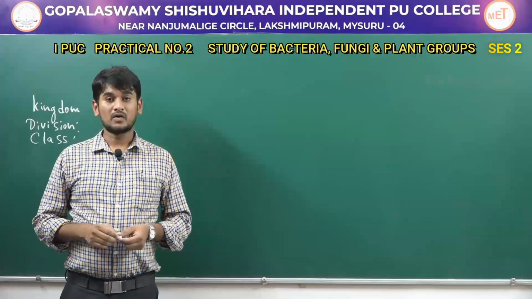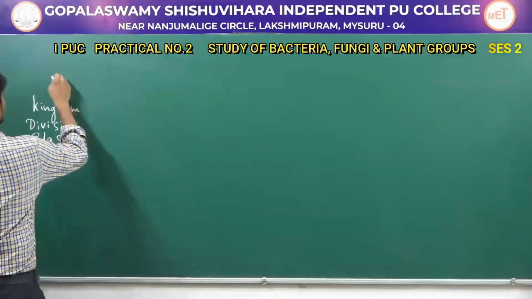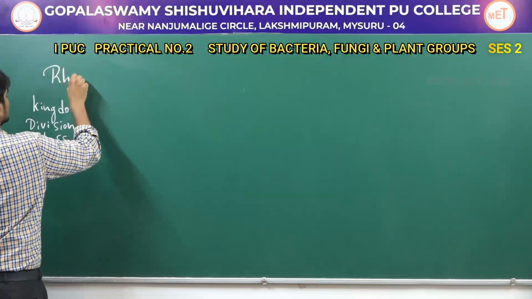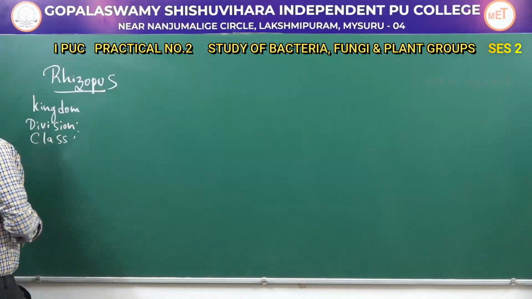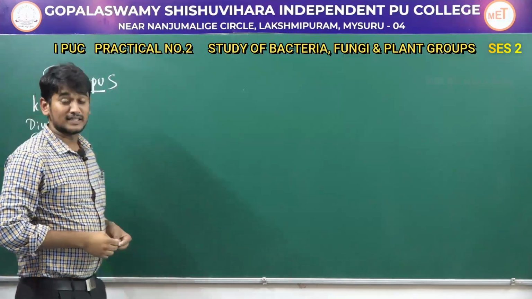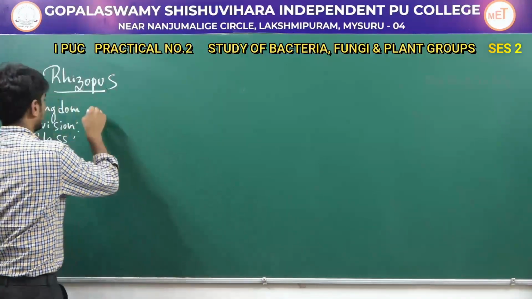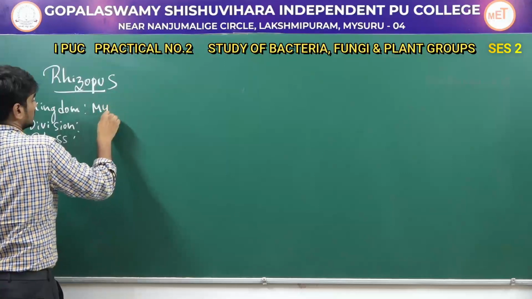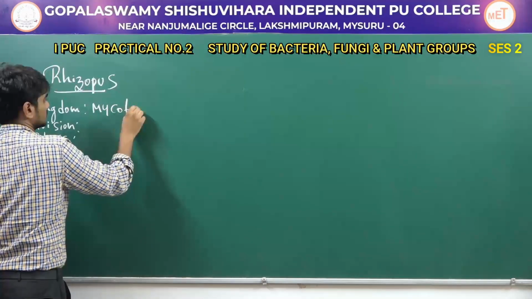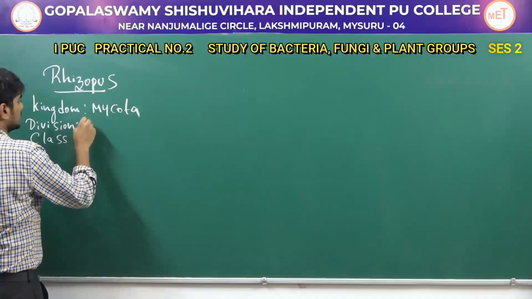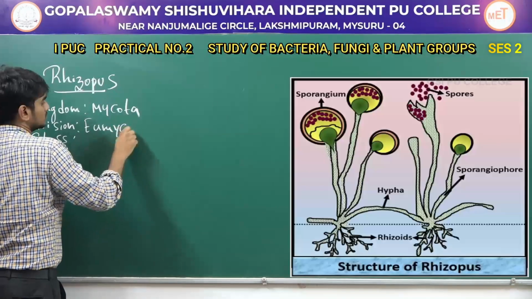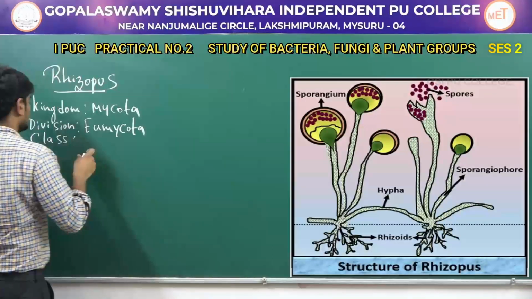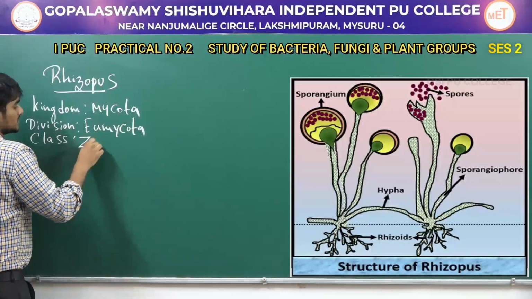Next one is Rhizopus. Rhizopus comes under kingdom Mycota, division Eumycota, and class Zygomycetes.